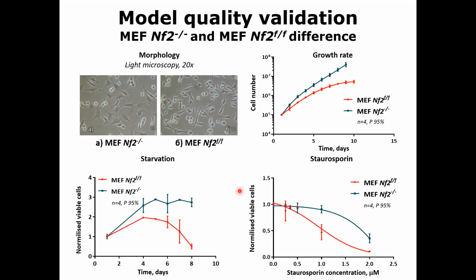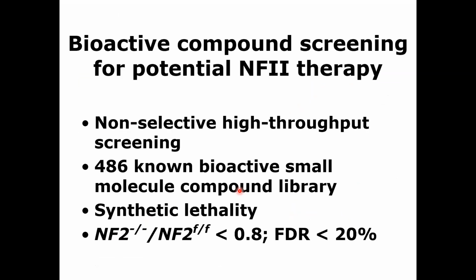Thus, we confirmed that our model is working and moved to the next stage, which was the bioactive compound screening to find the potential NF2 therapy. We had at hand a bioactive compound library consisting of almost 500 drugs and known bioactives, not only drugs, but also poisons and naturally occurring active compounds. And we did a non-selective high throughput screening.